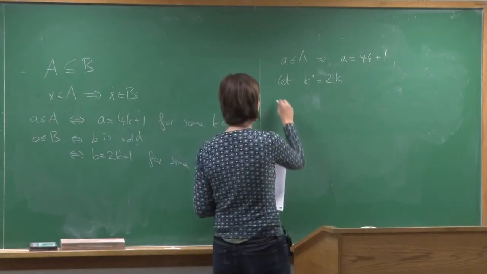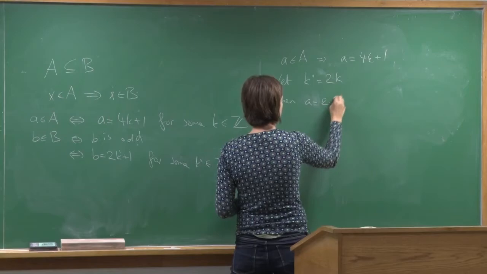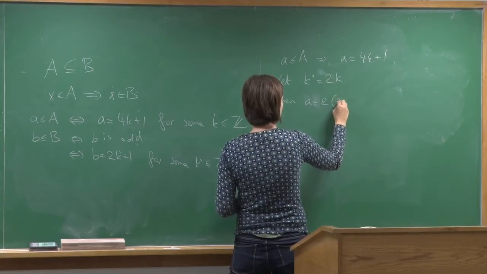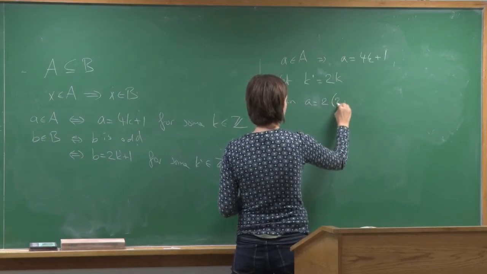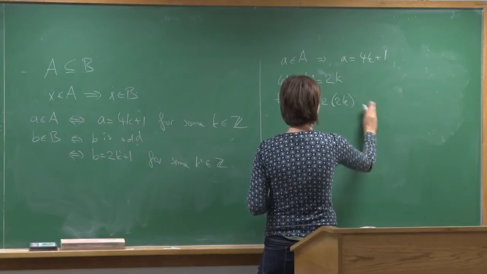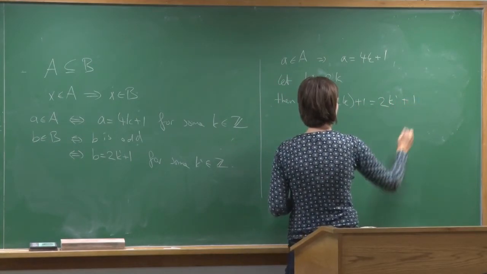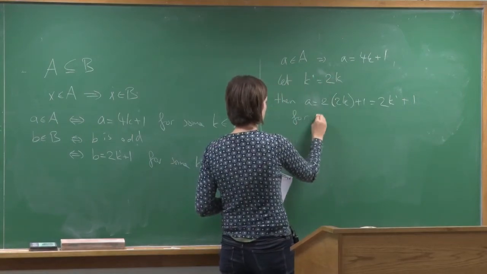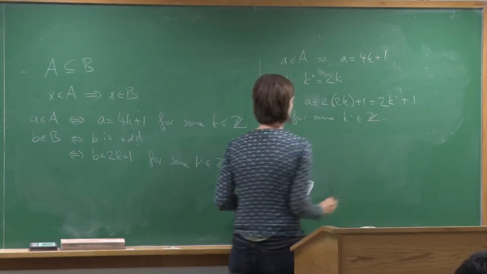So then we have that a is 4k plus 1, which is 2 times 2k plus 1, which is 2 times k prime plus 1 for some integer k prime.